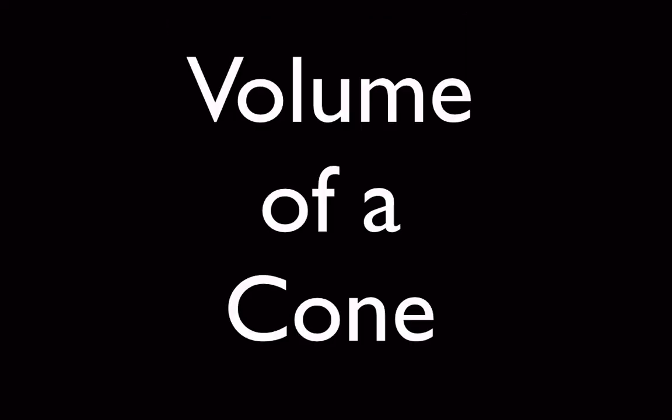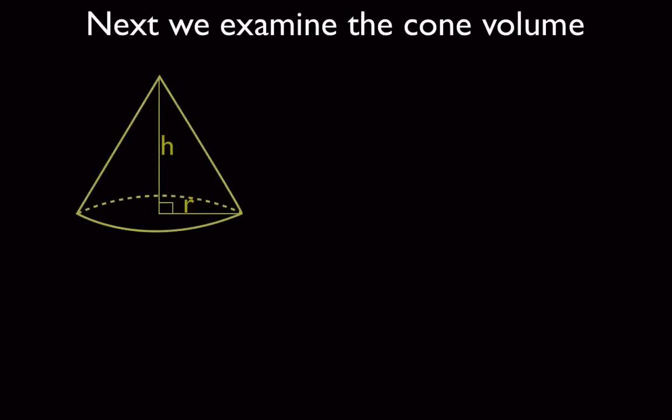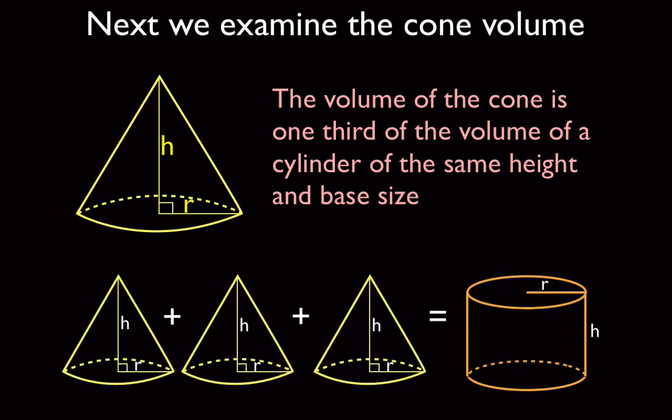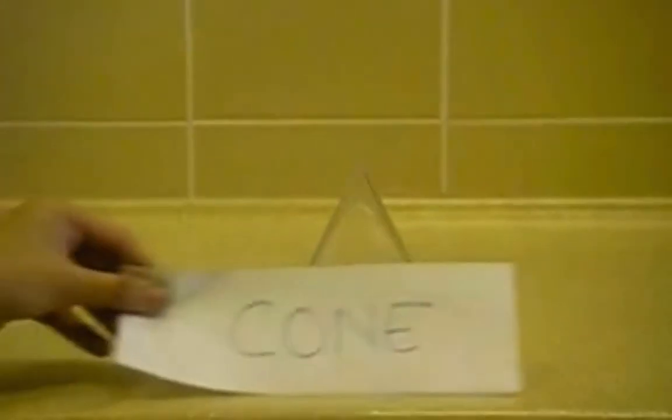Okay, now we're talking about the volume of a cone. This rule follows exactly the same as a pyramid. It's a short video to show you what we're talking about here. In fact it does take 3 of the cones to equal the volume of one cylinder of the same base area, which is the circle, and height.